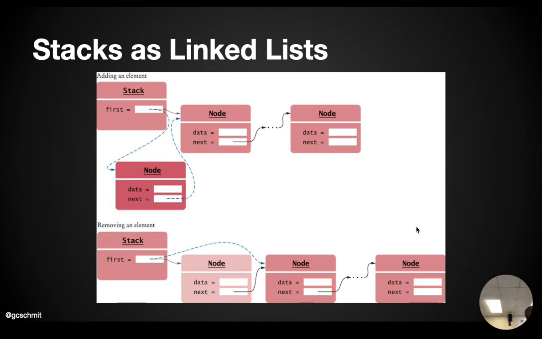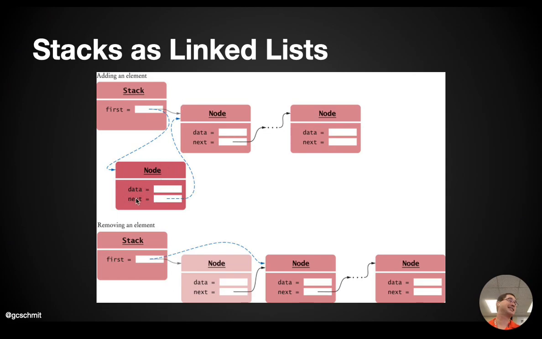Implementing a stack as a linked list is easier than implementing a full linked list like we did earlier, because with a stack, we're just interested in being able to push and pop, and therefore there are fewer cases to cover. When we push an element onto our stack, we're going to create a new node and insert it at the beginning.